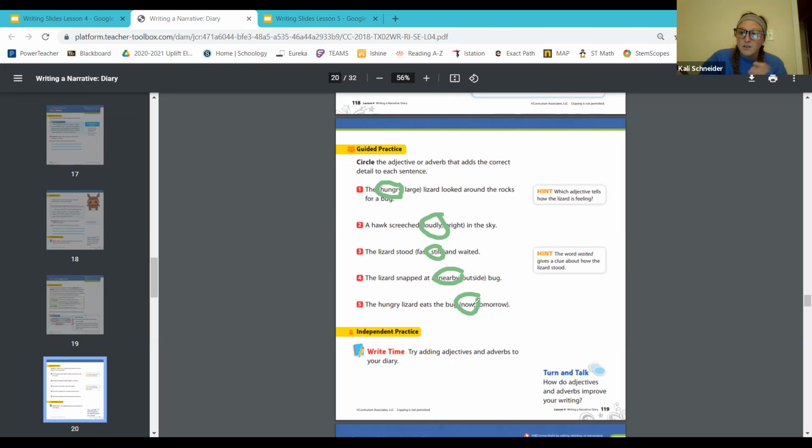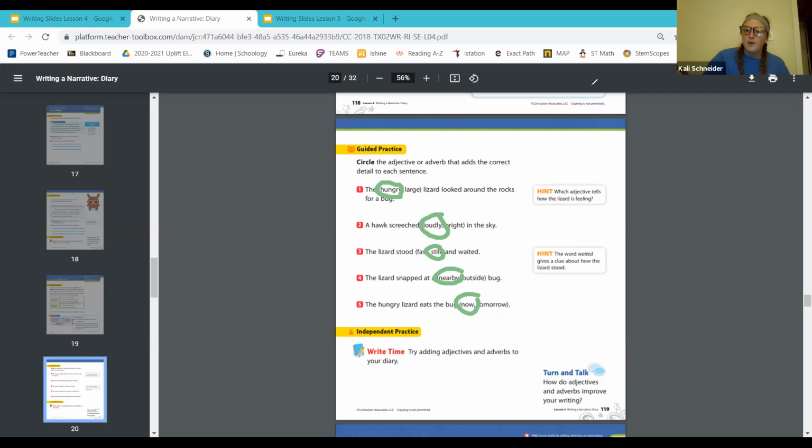So these are all describing the verbs. So we actually took a look at mostly adverbs today and how we can add details to the verbs that we're talking about, and how they're eating and how they're walking and how they're screeching and making noises or splashing, right? So the actions they're doing, we're adding details using adverbs.